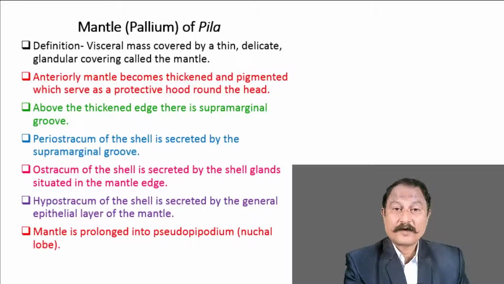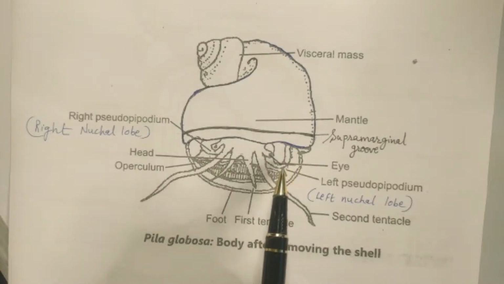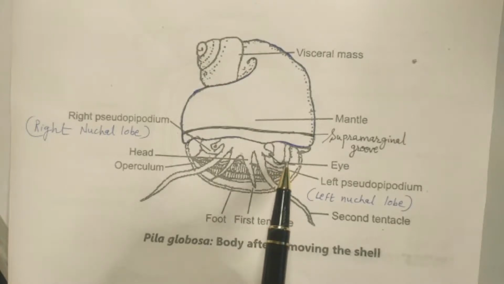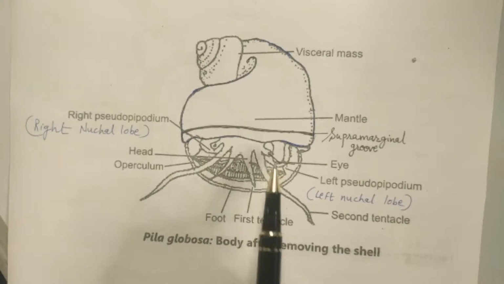Because for respiration, when this organism is on land and respires air, at that time this left pseudopodium can be projected out of the body. It can be turned into a siphon-like structure and it gulps air. It receives fresh air, fresh oxygen. That is why this left pseudopodium is larger.